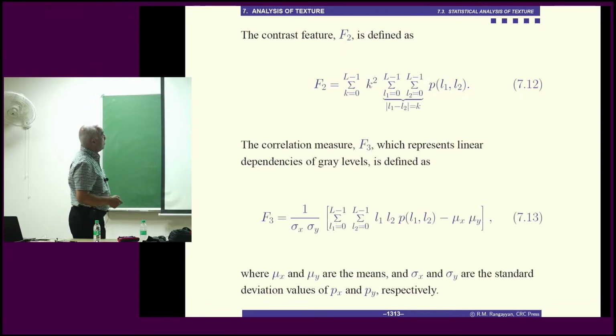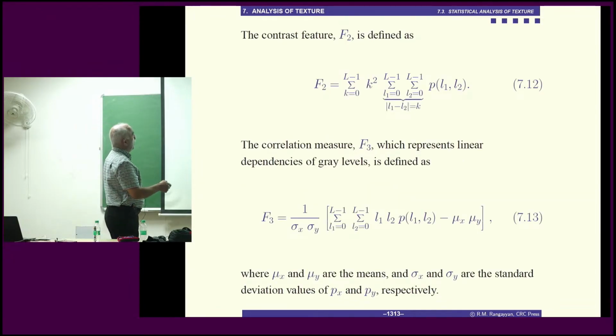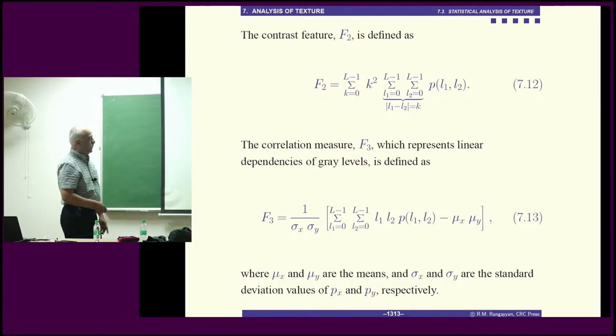Contrast, you apply a weight K squared where K is L1 minus L2 multiplied with the probability, P(L1, L2), which is the normalized GCM. Putting the weight K squared, which is based on the difference of the gray levels. If the difference is more, and for large differences the probability of occurrence of such pairs is large, this will be large.